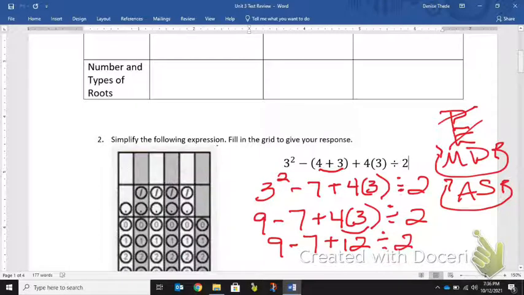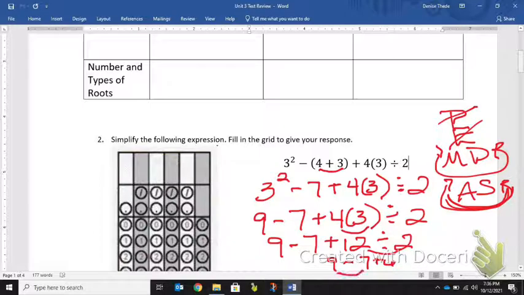Okay. Next I have division. 12 divided by 2 is 6. Everything gets written down. 9 minus 7 plus 6. And then finally I have addition, subtraction from left to right.